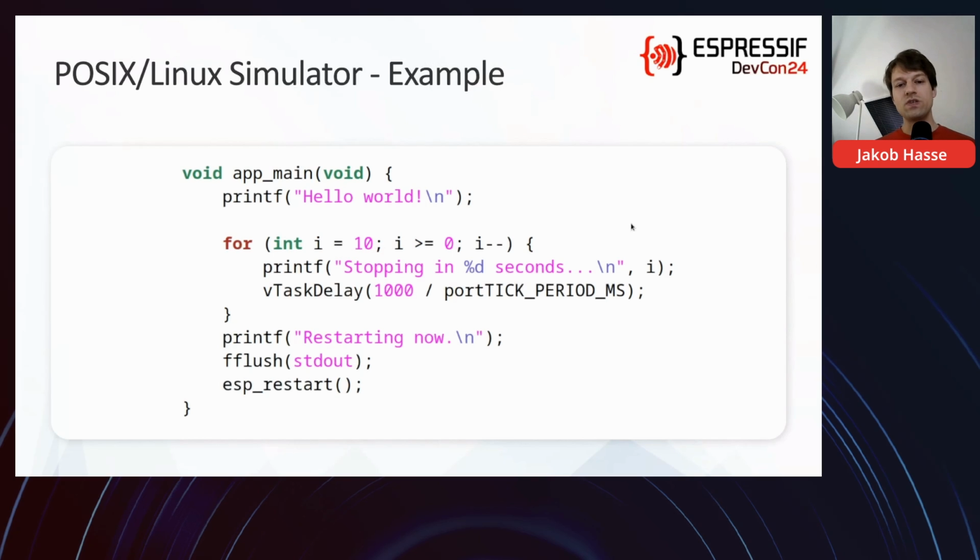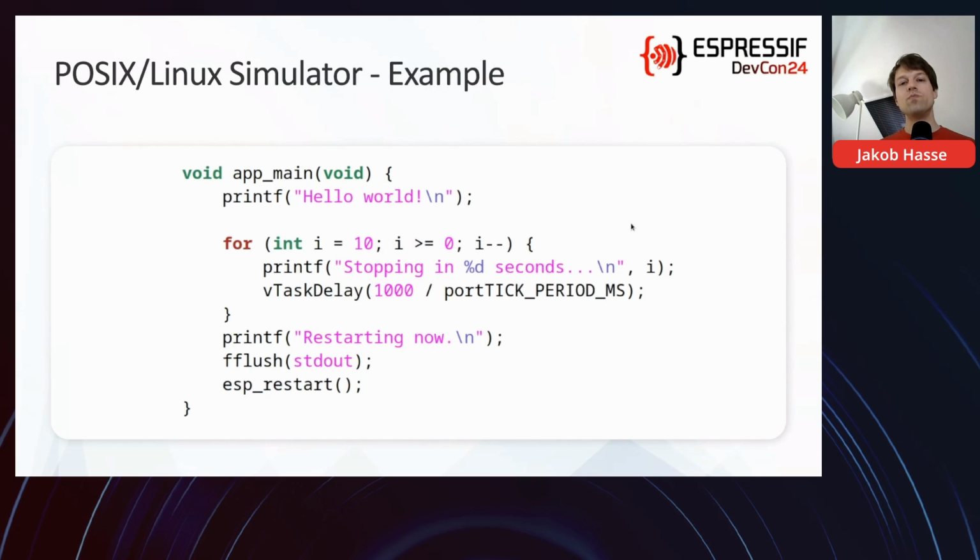The only difference here will be that calling the esp_restart function on an actual ESP32 series chip will actually restart the chip. On the Linux target, it will just end the application because we haven't found any meaningful way to simulate restarting, and it's probably not very useful anyway, because the applications that we want to use for the POSIX Linux simulator are very high level.